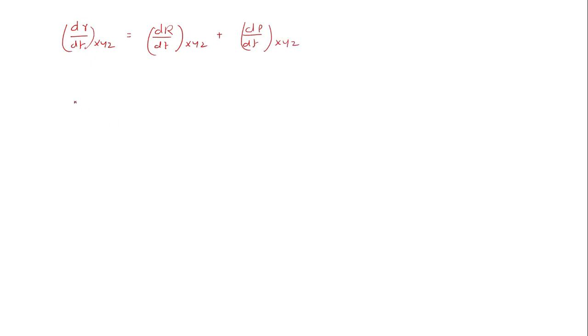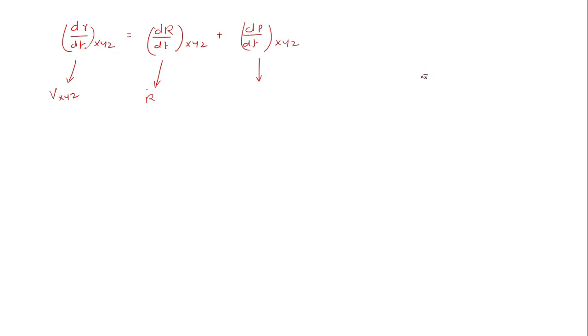Now we already studied that dr by dt with respect to capital XYZ will become Vxyz. d capital R by dt with respect to capital XYZ will become R dot. As such, rho is not a fixed vector.